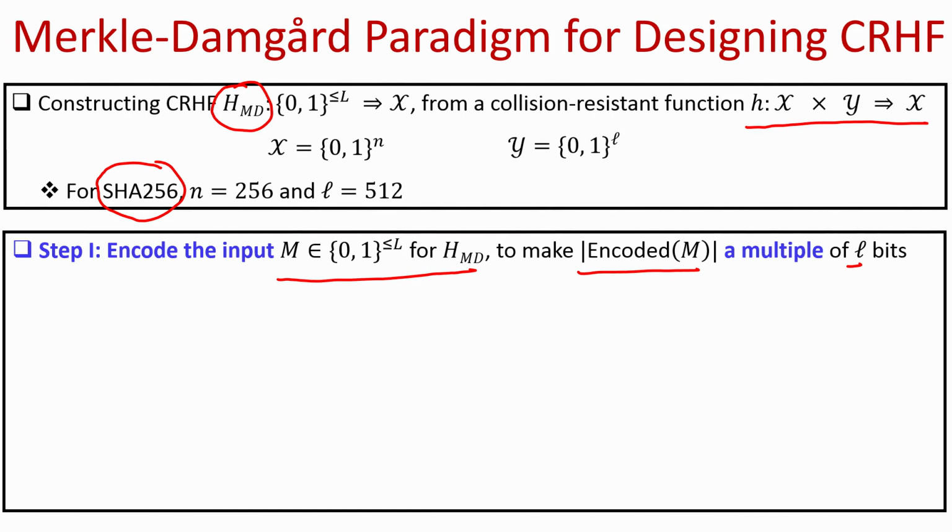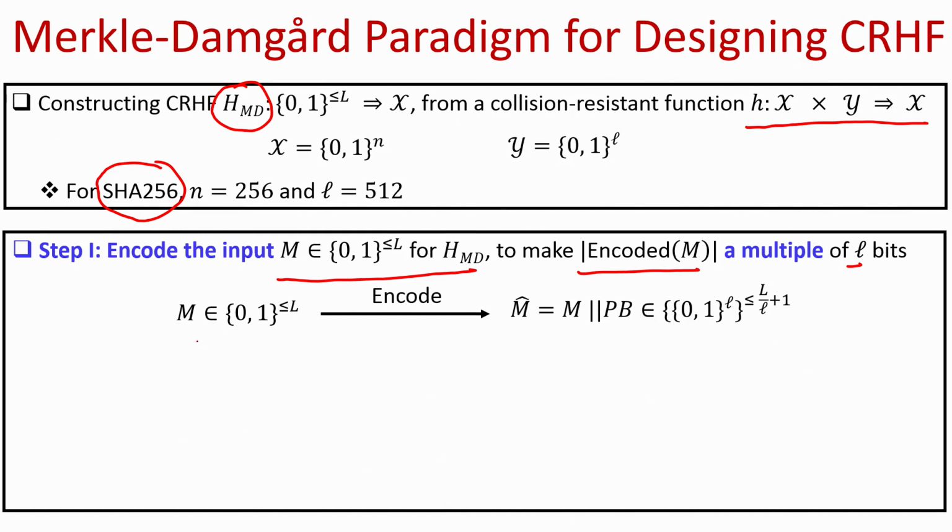The reason is that when we apply the Merkle-Damgard paradigm, we divide our encoded input into several blocks of little l bits, and we will be iteratively applying the fixed length compression function.